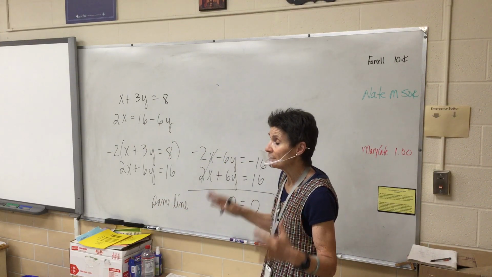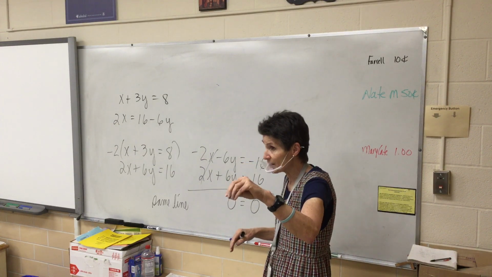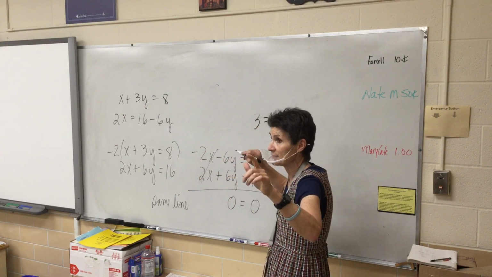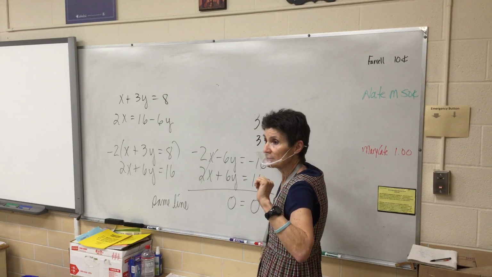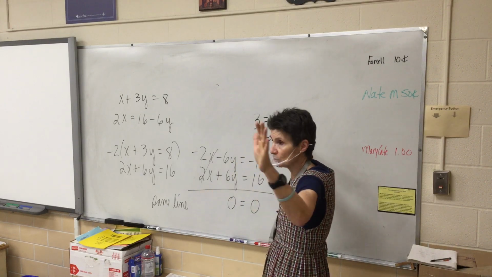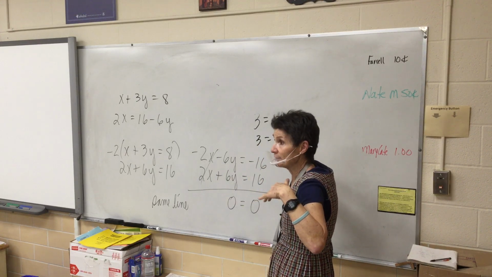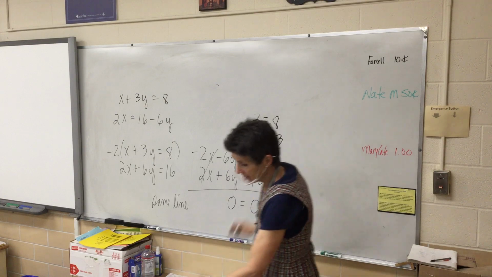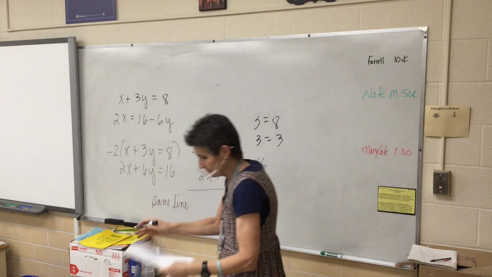All right, but what I really want you to get, kids, is the difference between what happened yesterday, something like 3 equals 8, and 3 equals 3. This is no solutions. This is not true. This is the whole line. Okay? All right.